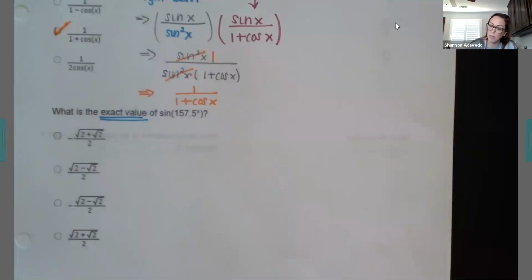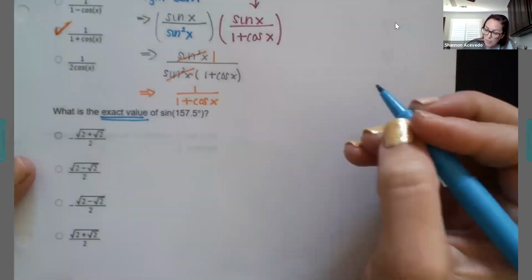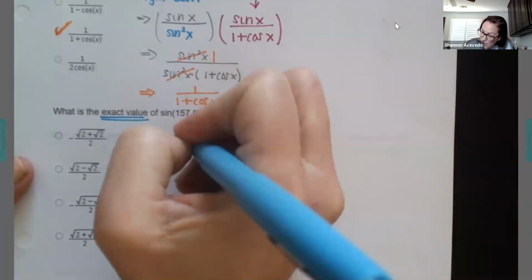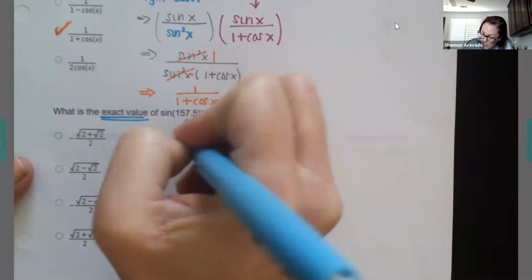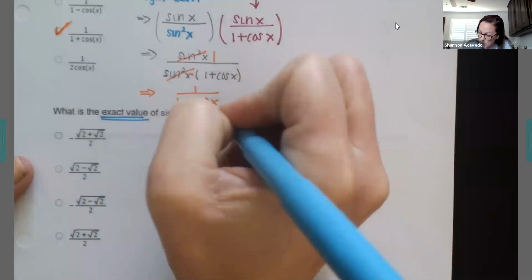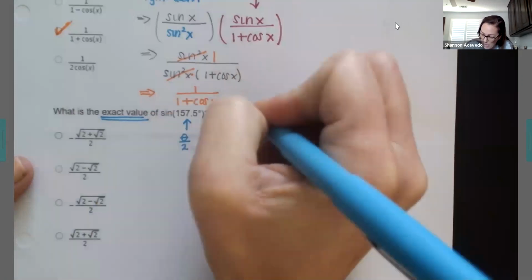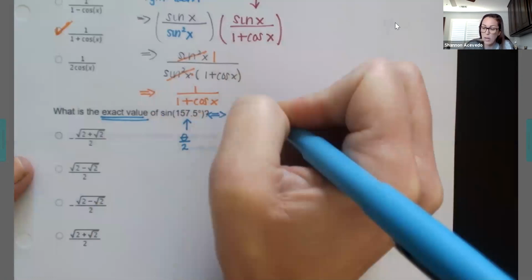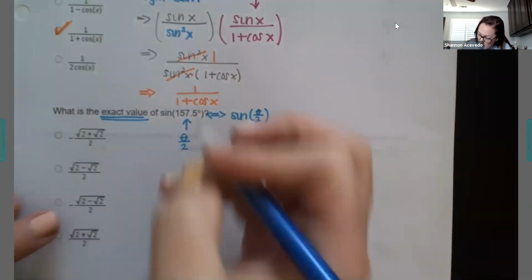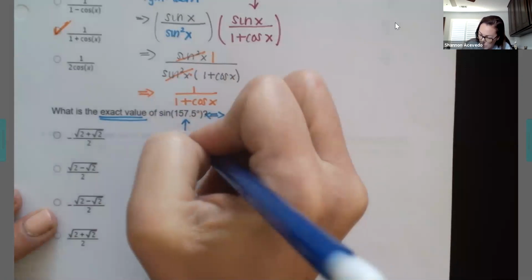So what is this telling me? Well, let's look at this. If I say that this is going to be my theta over 2 value, in other words, this is going to be equal to sine of theta over 2. So 157.5 has to equal my theta over 2. All right, so my theta over 2 is going to equal 157.5.